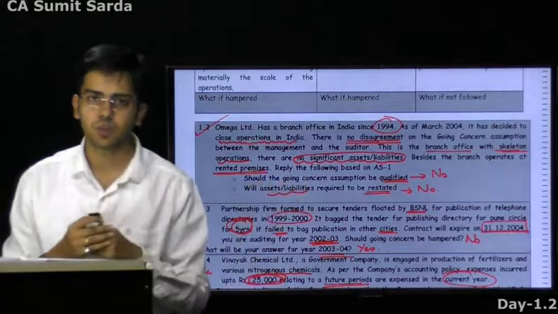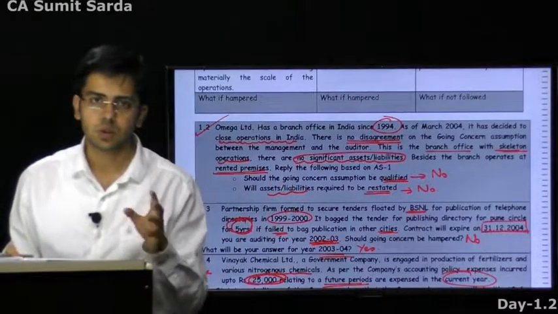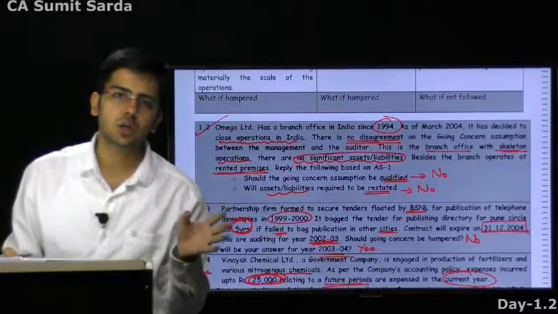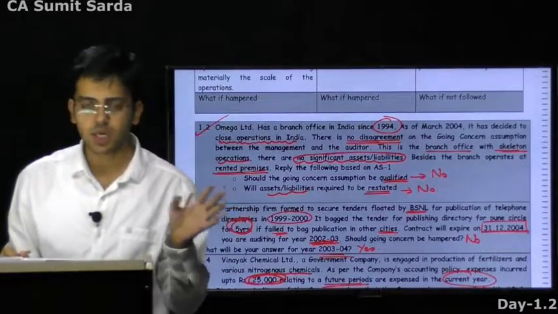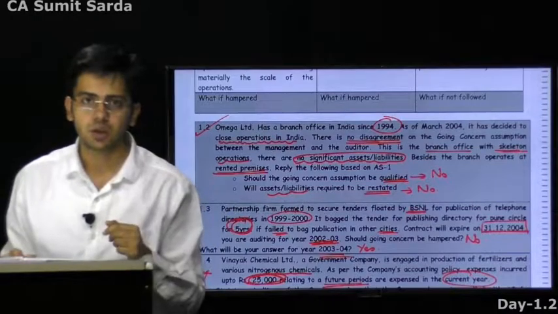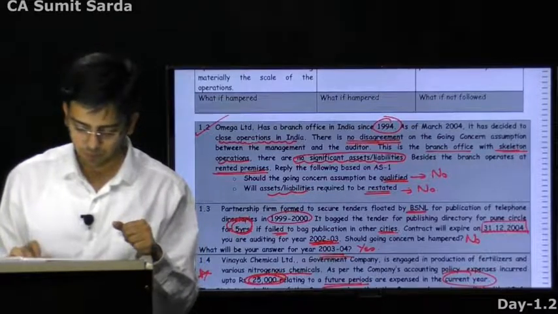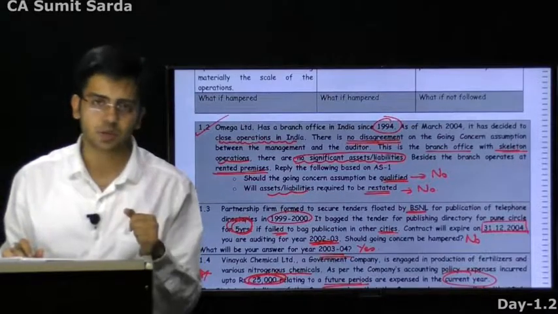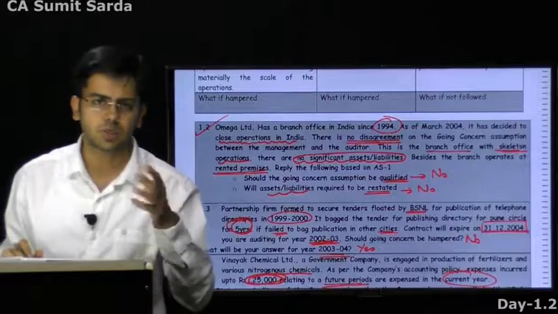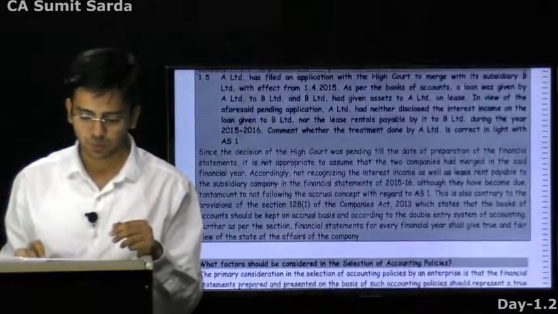Nothing is given in the question. So if the amount is insignificant, we don't need to see whether AS1 has been complied with or not. But if the amount is significant, it is material, then the auditor can comment that AS1 has not been complied with. For a fertilizer and nitrogenous chemicals company, I feel 25,000 is an immaterial amount. But since nothing is given in the question, we'll answer accordingly.